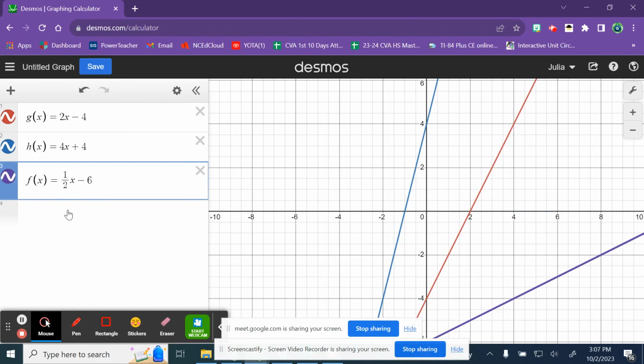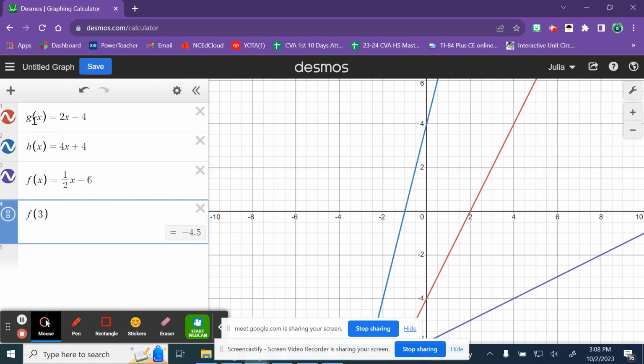So these were some of the functions, and g of x is a little different, but it's okay. If you saw that the problem needed you to solve for f of 3, it will solve it for you. It will pick the right function for you. So 1/2 of 3 is 1.5, minus 6 is negative 4.5.